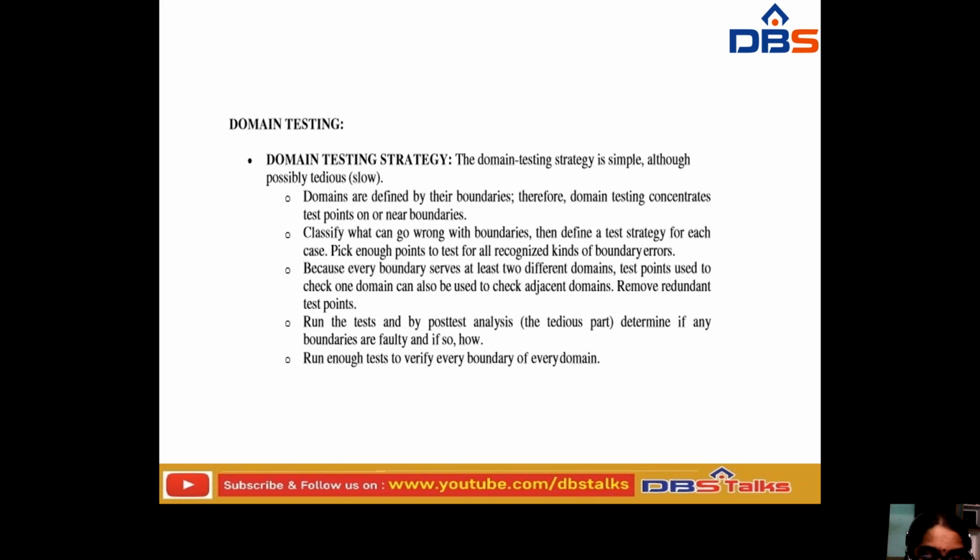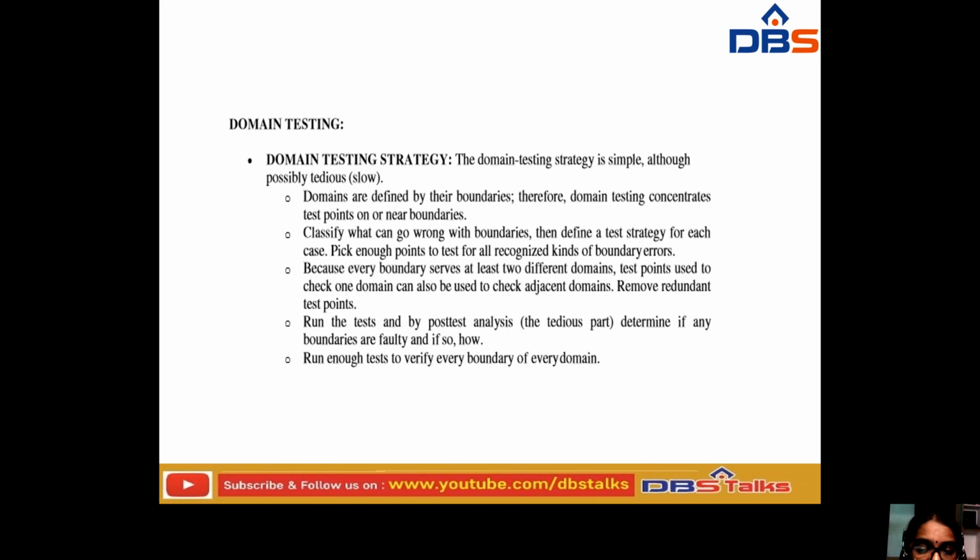So we have some boundaries for a domain. Whenever you test points on the domain, you should choose test points very near the boundaries, so that we can classify what can go wrong with the boundaries. Then we can define the test strategy for each case.